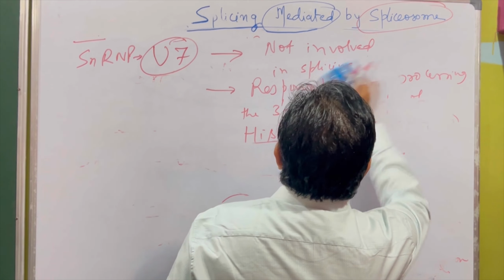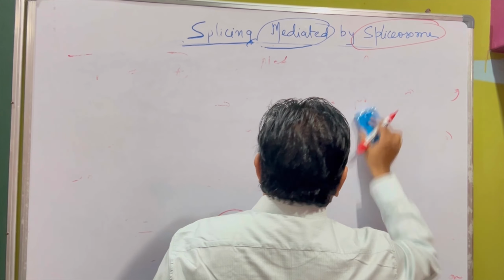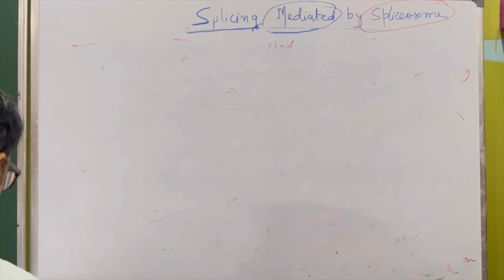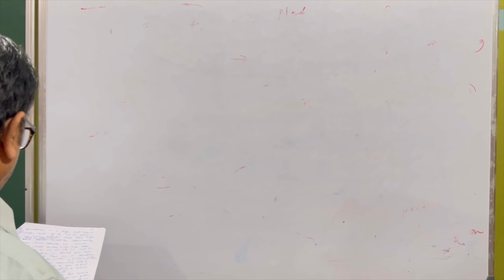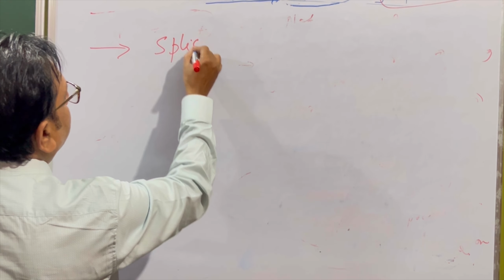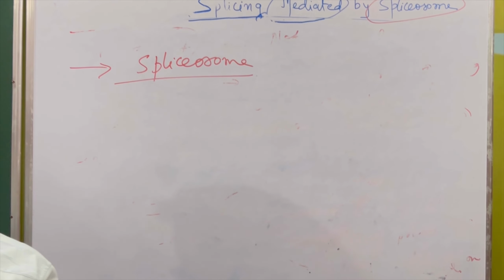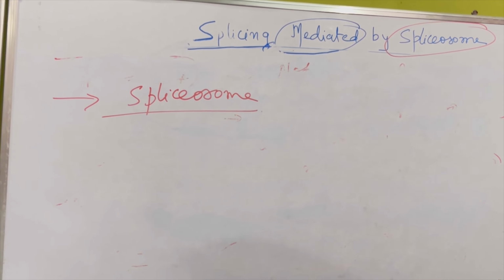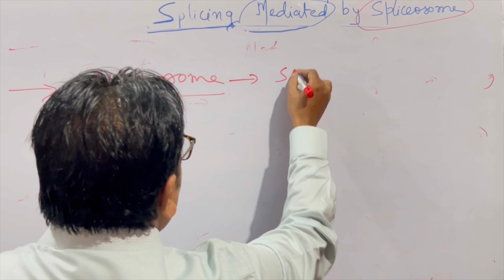Another important aspect of splicing mediated by the spliceosome is that one of the other components of a spliceosome includes SR protein.